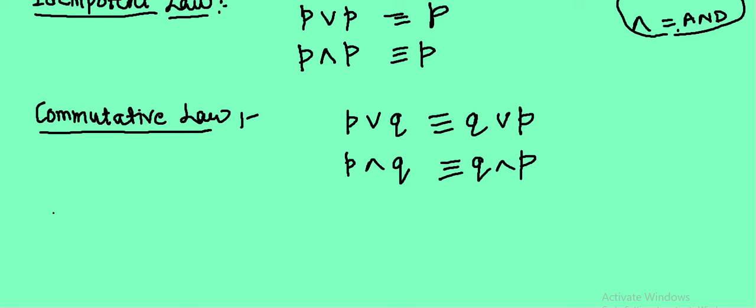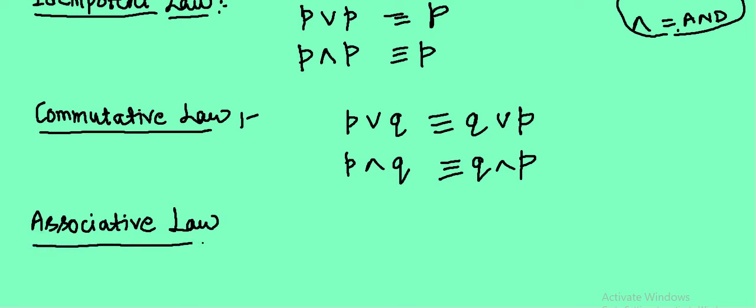Now take another law, which is associative law, right? Associative law is the association between some statements. If I take P or Q or R, it will be equivalent to, because this sign of three lines denotes the equivalence, and the double equals sign is equal to, right? And we know that.